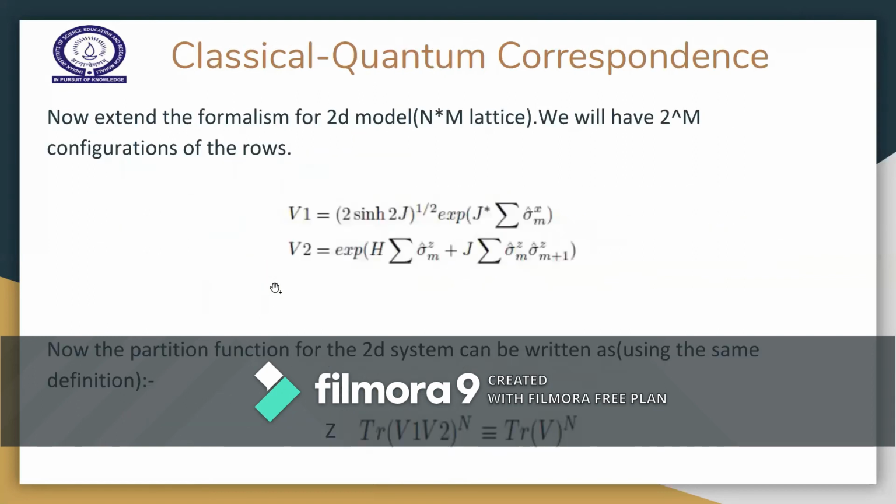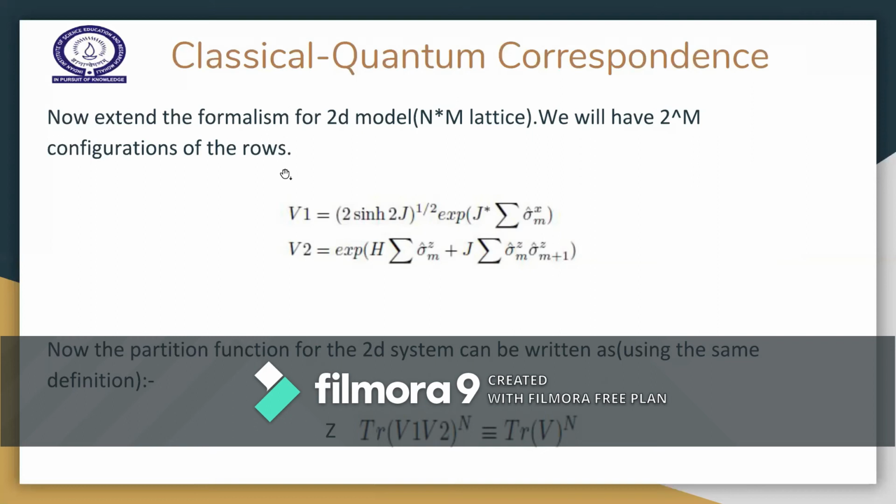Now, let's extend this formalism for the 2D model. In the 2D model we have an n by m dimensional lattice. In this case, we will have 2 raised to m configurations of the rows.